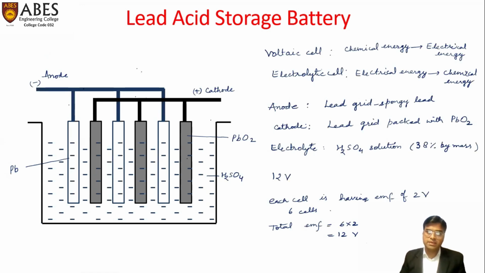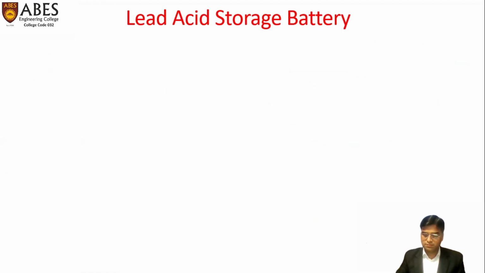Now we shall discuss the reactions which occur in the lead acid storage battery. When lead acid storage battery supplies the current, it undergoes discharging. During discharging, the reactions happen as follows.